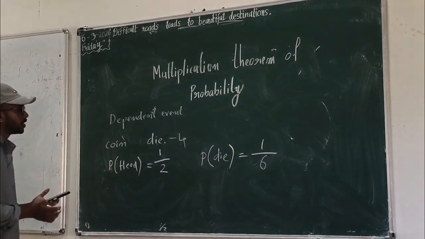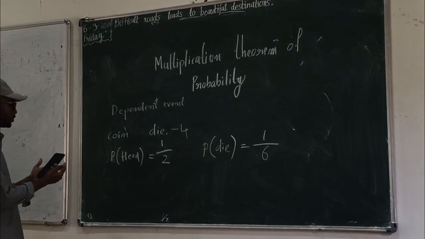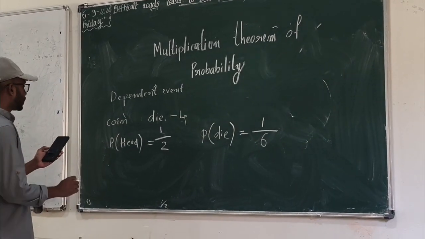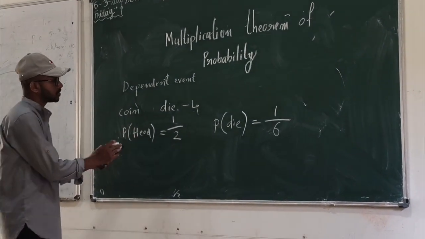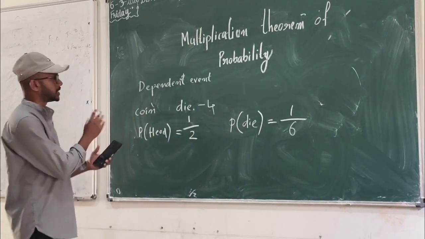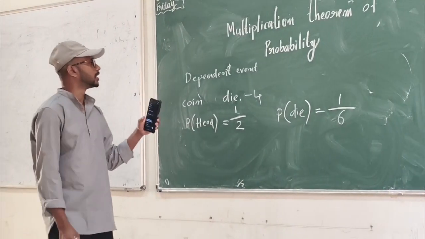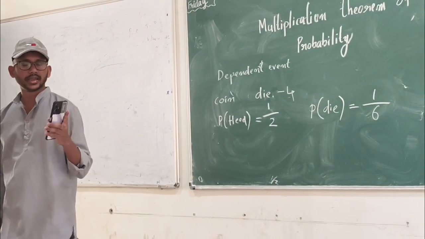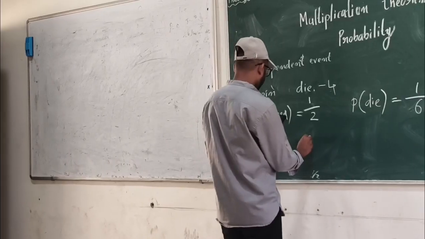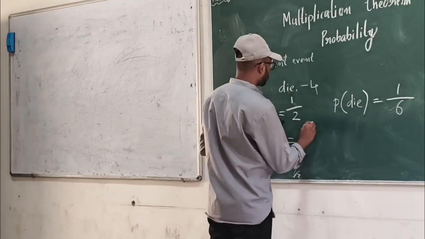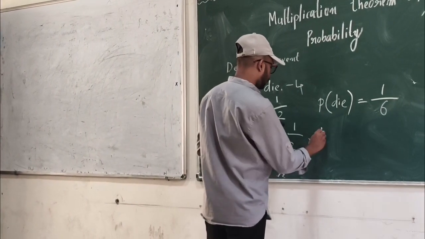So what we need to do here is, getting a head for a coin and getting a 4 for a dice are independent events, which we can write as 1/2 and 1/6.